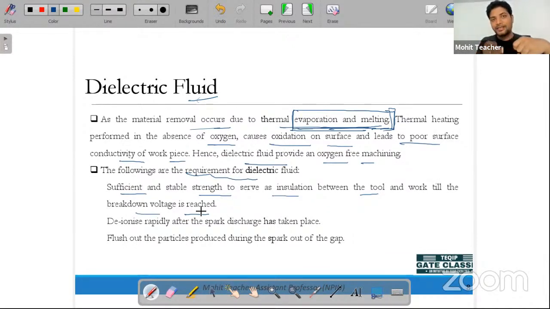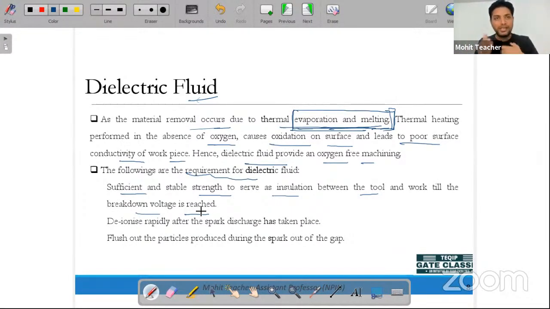After that the dielectric fluid is also required, because if there is no dielectric fluid, the shock wave generated by the collapsing of the ionized column will otherwise burst in air.